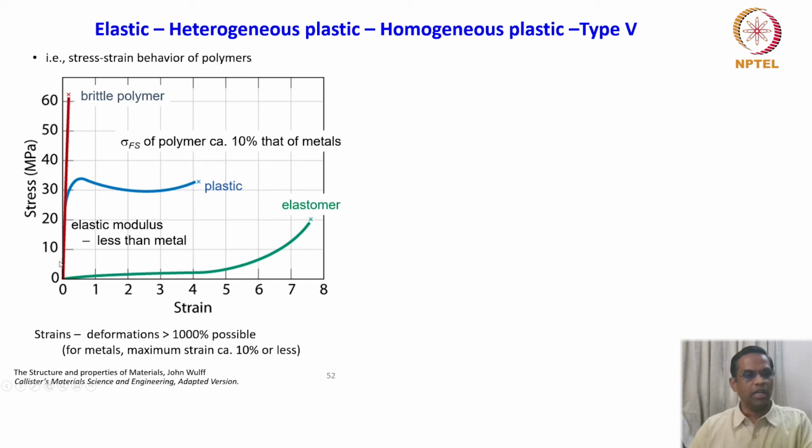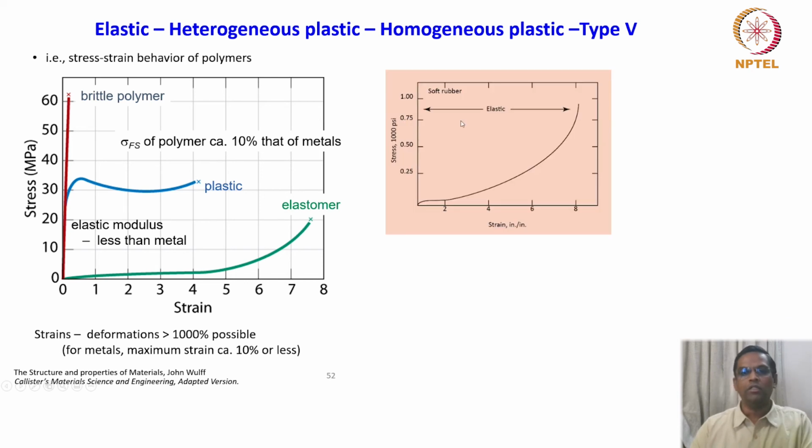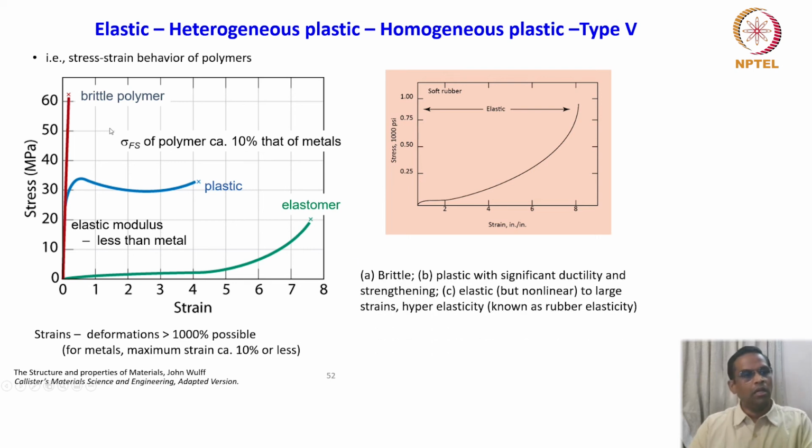So this is a stress strain plot for typical polymers, and there are three types we are showing. One is a brittle polymer, one is a plastic polymer, and one is an elastomer. Okay. So soft rubber is also considered an elastomer here. So brittle we can simply relate to the networking of chains, and we have seen that characteristic in the previous slide.